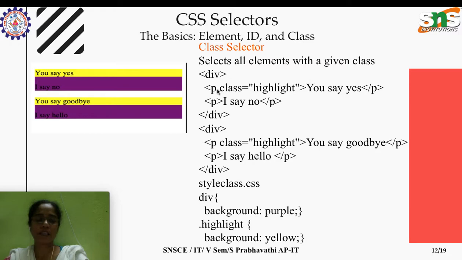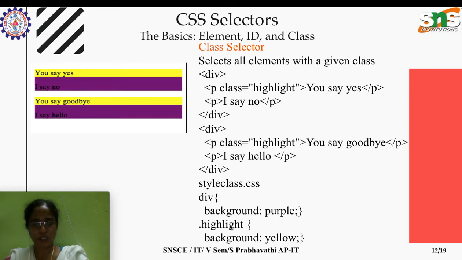Whereas an ID will be applied to that element alone, a class, if we mention it, will be applied to all the elements wherever we have mentioned the class name.